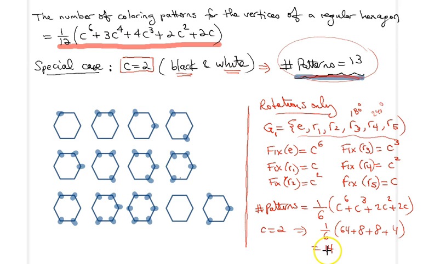So 14 different colorings. So what is missing in this list? So there must be one more coloring with only rotations. That's the one. So what is it? It turns out that the tricky one is this one up here, in which case notice that by keeping rotating it, you can never get this configuration.